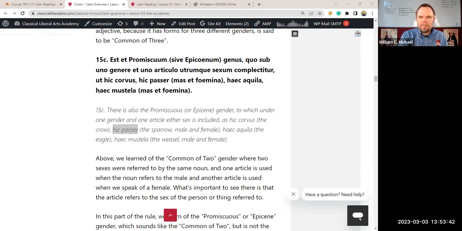It'll be hic for the masculine and haec for the feminine. So the pronoun will change, but the word can be used for both genders. In the promiscuous gender, the word can be used for both genders, but only one gender pronoun will be used for both. That's the difference, all right?